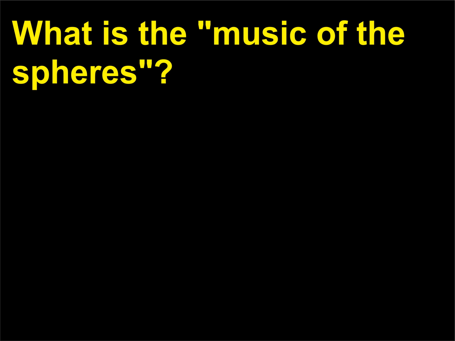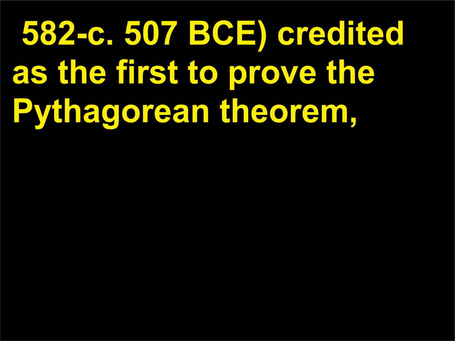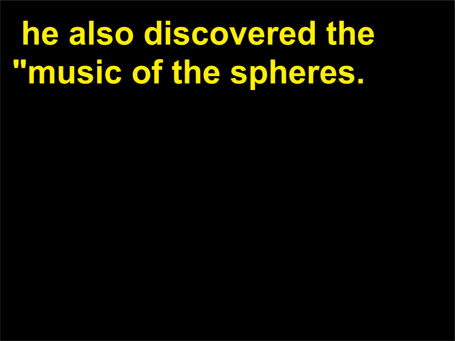What is the music of the spheres? Not only was the Greek mathematician and philosopher Pythagoras of Samos, c. 582 to c. 507 BCE, credited as the first to prove the Pythagorean theorem, he also discovered the music of the spheres.